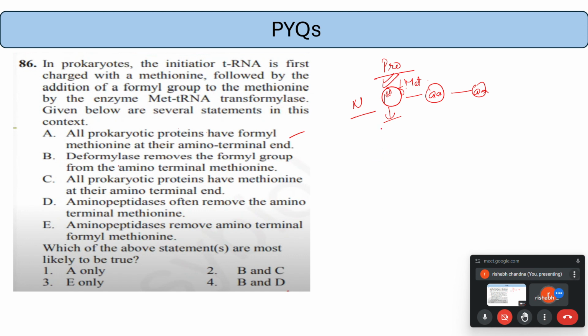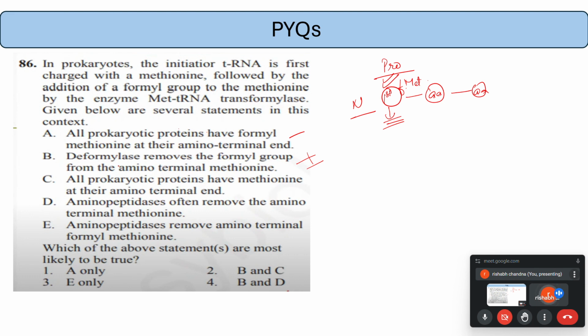Deformylase removes the formyl group from amino terminal methionine. No, this does not happen because the formyl methionine is the recognition for the first amino acid. So here the deformylase never removes the formyl group from the methionine.